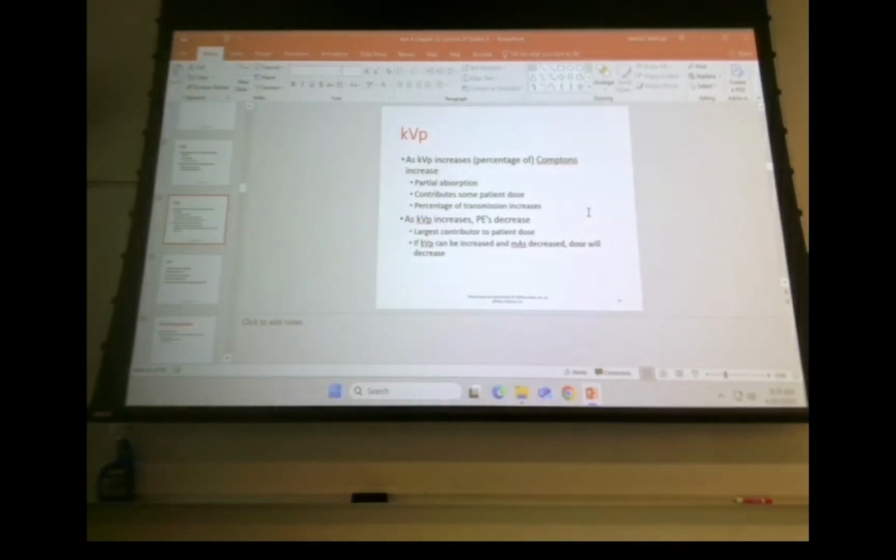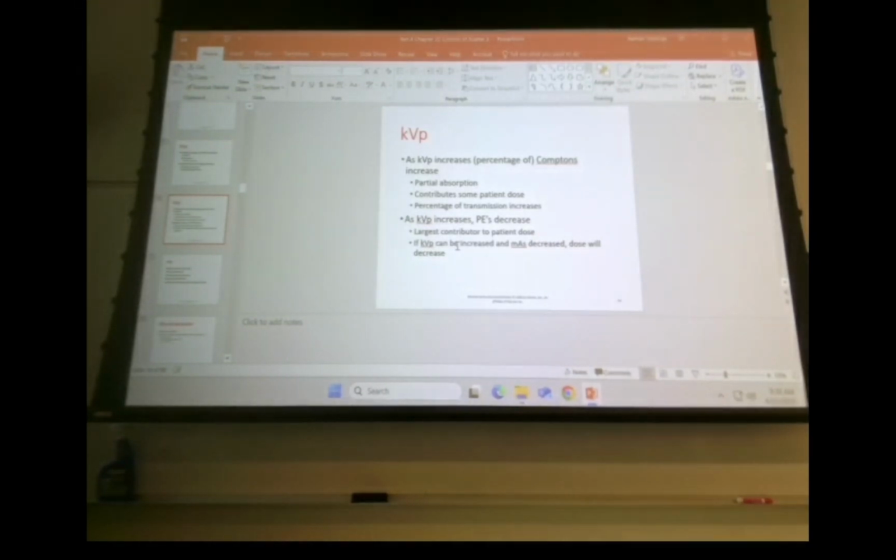So as kVp increases, PEs decrease, and remember, we do a little bit of a dance with kVp. One is that as we increase kVp, we get an increase in the brems spectrum, we get an increase in numbers, it pushes it towards the high energy side, and we get the high energy X-ray photons that penetrate through the patient. But at the same time, as we add those high energy photons, the likelihood of interaction with those high energy photons decreases, right?